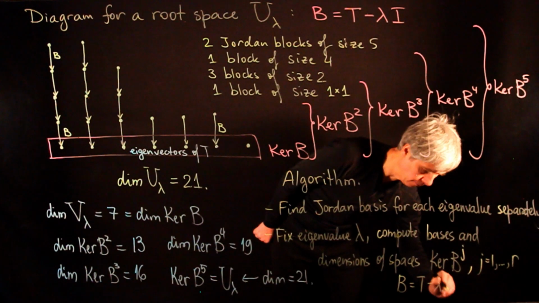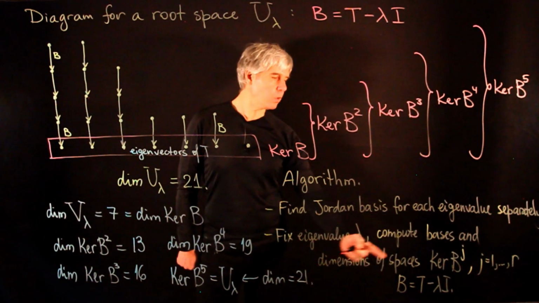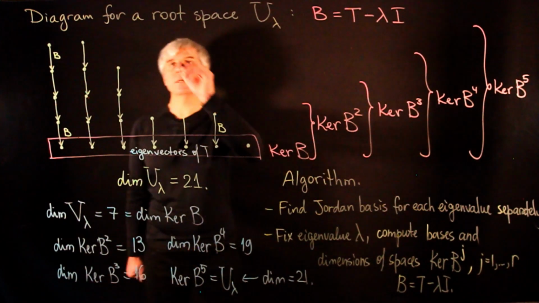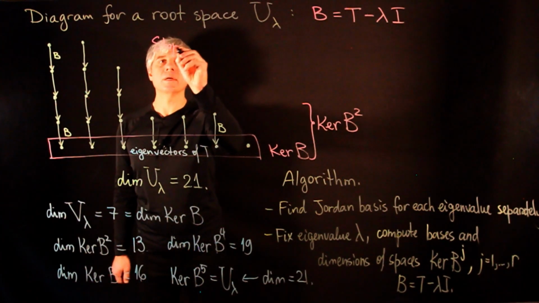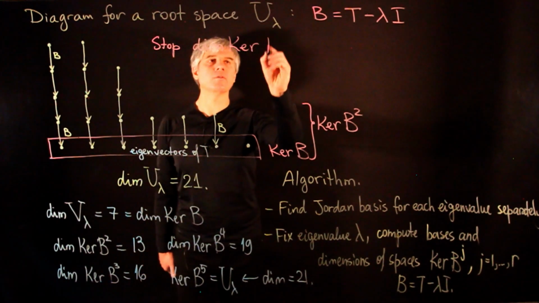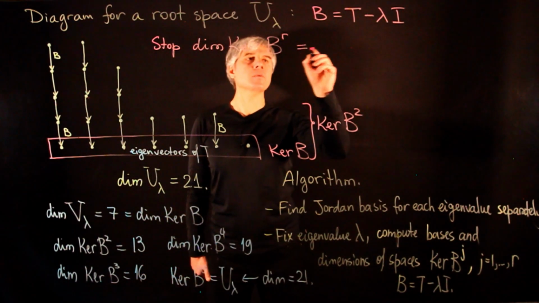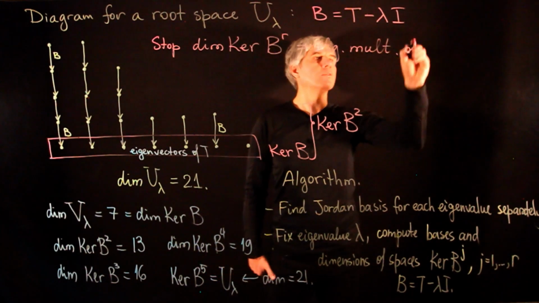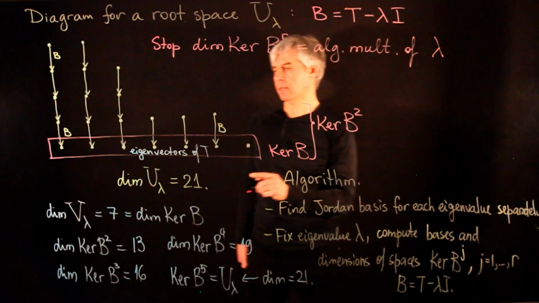How do we know when we need to stop here? That is, what is the value of r? We stop when the dimension of the kernel of b to the power r is equal to the algebraic multiplicity of the eigenvalue lambda.